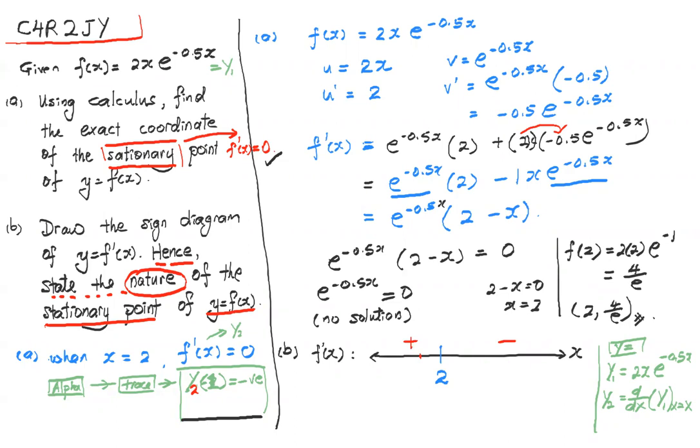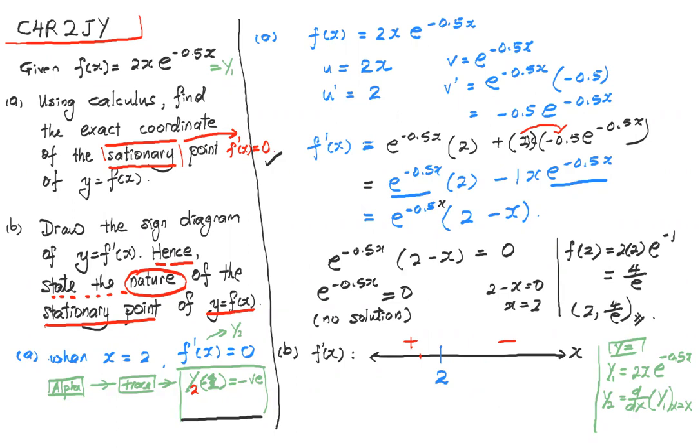Are you okay? Yeah, thanks for pointing out. So I'm going to show you how I figure out how my y equals f x changes, because the question wants me to find the nature of the stationary point of y equals f x.